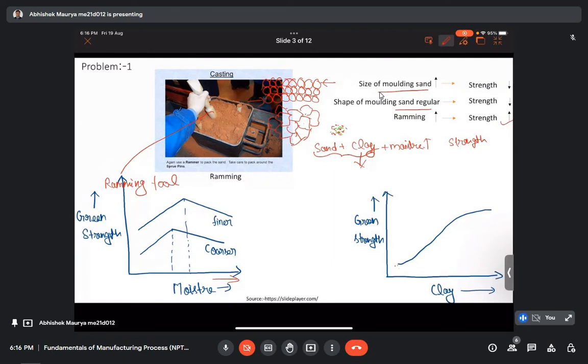if we keep on increasing the clay, let's say from 5%, practically it has been seen that after 15%, if we further add clay, we won't get any advantage in terms of strength. So after this point we can see that if we keep on increasing the percentage of clay, there is a very negligible increase in the strength.